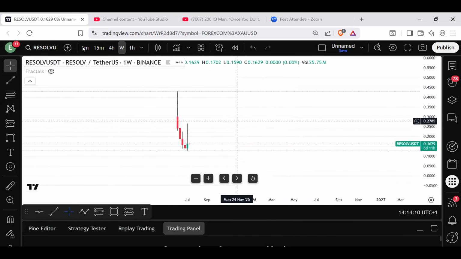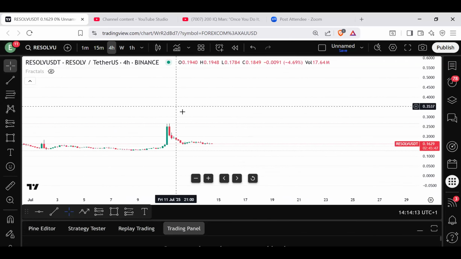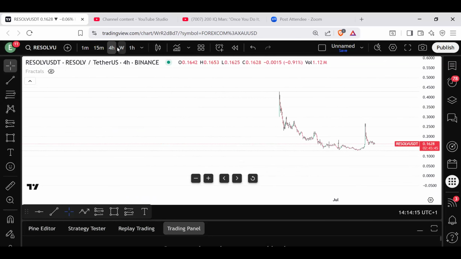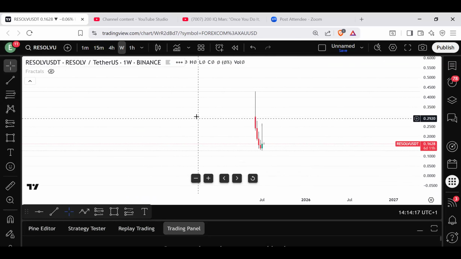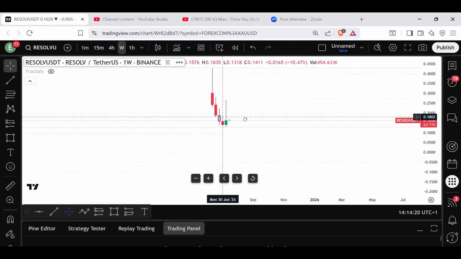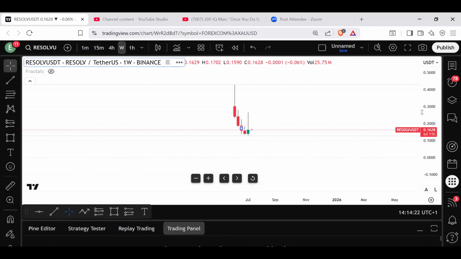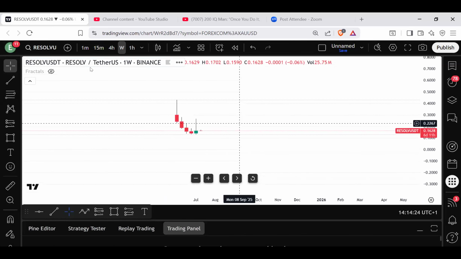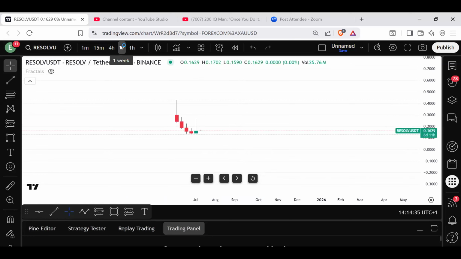Okay. This is a new pair. With this kind of situation, how will we go to the higher time frame? For this kind of pair, there's not enough data to trade using those three time frames, the weekly, the 4 hour, and the 15 minutes, because you won't be able to do the analysis using those three time frames.